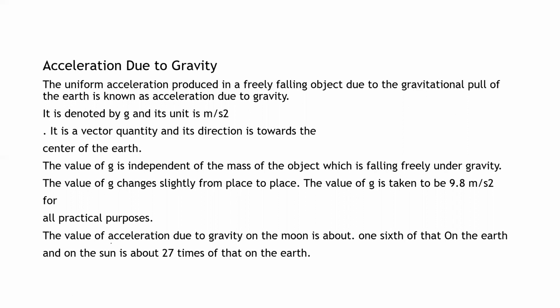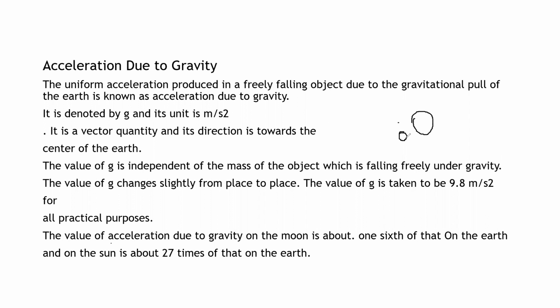The value of g is independent of the mass of the object which is falling freely under gravity. Here we say that the value of small g is independent of the mass of the object which is falling freely. Suppose you take two objects, one of smaller size and the other of bigger size.